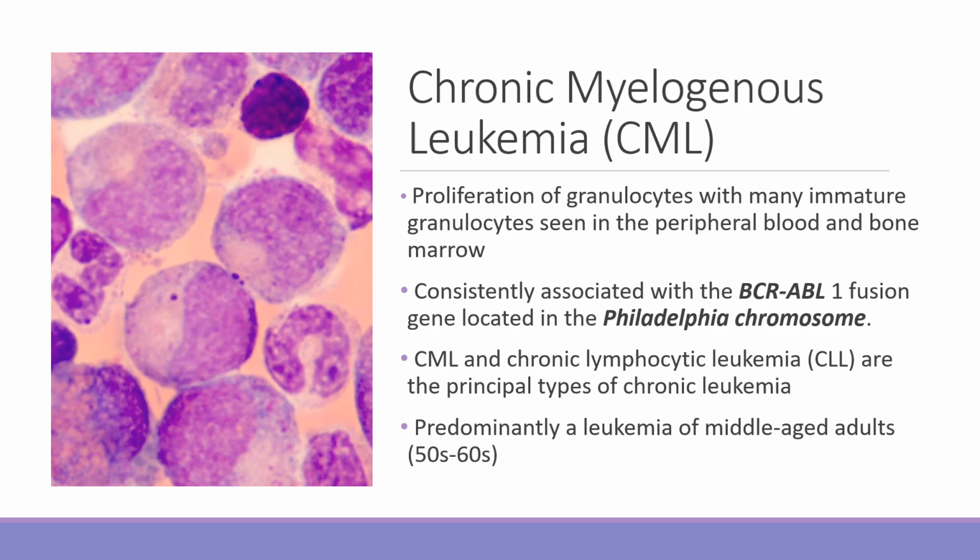Now remember, some of these can fall into both categories of myeloproliferative disorders or even a lymphoproliferative disorder in the case of lymphocytic leukemia, but don't be confused. This is still considered a chronic leukemia of a myelogenous lineage, and we're going to see a good mixture of mature and immature cells here.